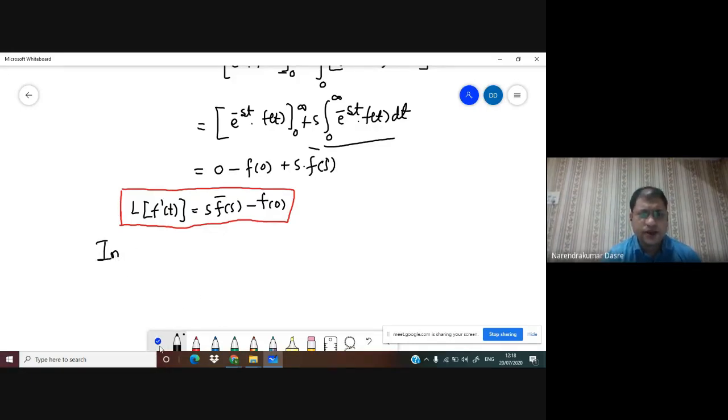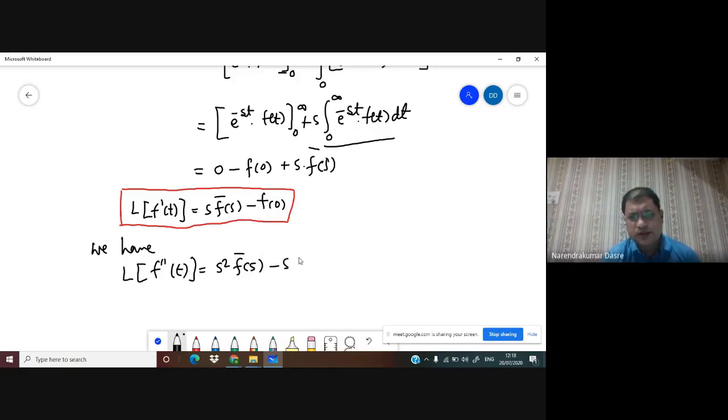So next, if I consider the Laplace transform of f double dash t, then it is equal to s square f bar of s minus s f at 0 minus f dash at 0.